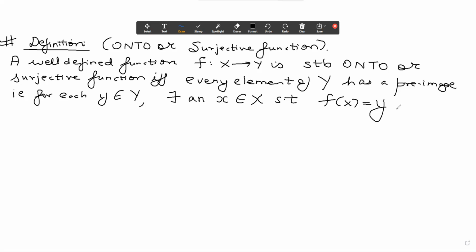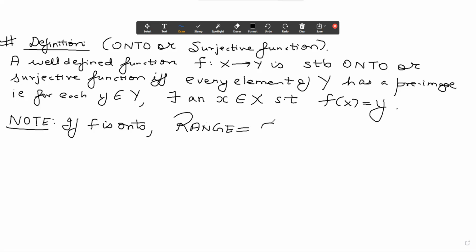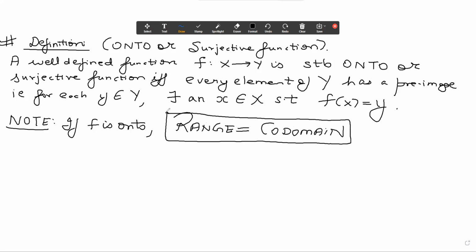Another way of saying it, if f is onto, it means that your range is exactly equal to the codomain. Guys, if your range and codomain are exactly equal, that means the function is an onto function. We just said that range is a subset of the codomain. But when the two become exactly equal, then the function will be an onto or surjective function.